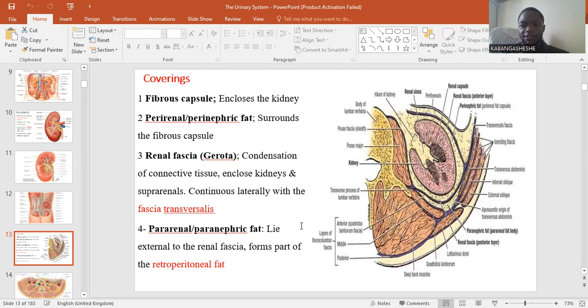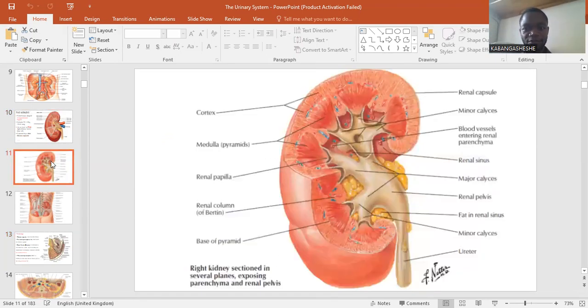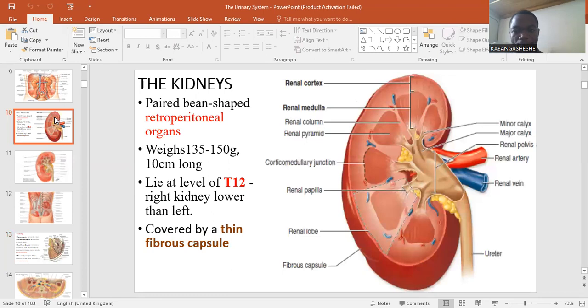Now let's look at the structures that we see if the kidney is sectioned. Okay, so already here we can see that there is some difference in coloration. There's this area that is lightly stained and the areas that are densely stained like that. Okay, so I'll take us back to this diagram, or we can even use this one. Let's start with this one first.